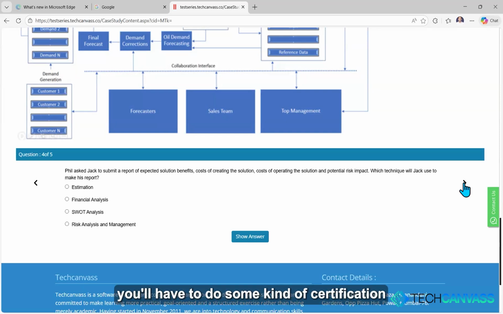See, somewhere you'll have to do some kind of certification to prove your validity, right? The reason is the HR. If you look at HR's table, you'll have 500 BA resumes filed. They can't scrutinize all of them, so there has to be a means of scrutinizing all these folks. So they look at only those who are certified. Somebody who's certified means at least they have learned something from the book itself.